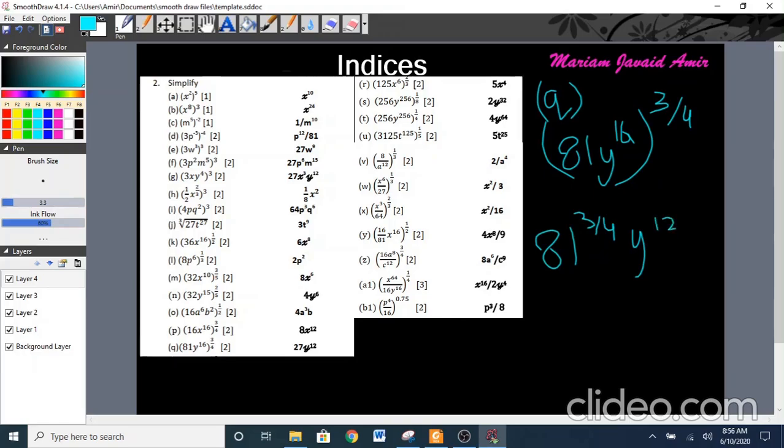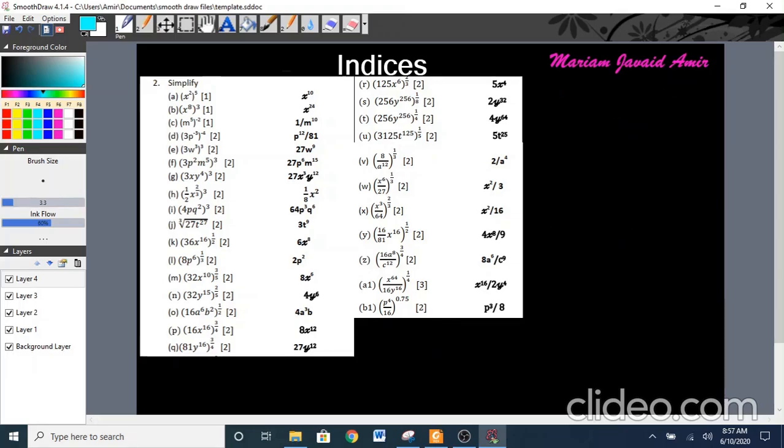Then for 81 power 3 by 4, either use your calculator or take the 4th root of 81, which gives you 3, and then 3 cubed is 27, and we get 27y^12 for part Q.